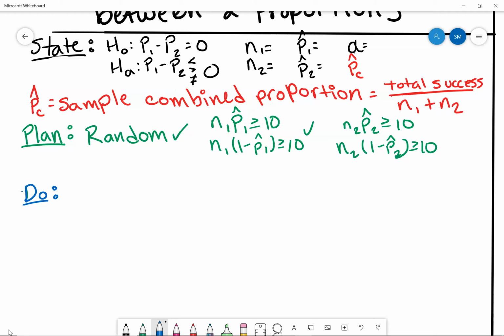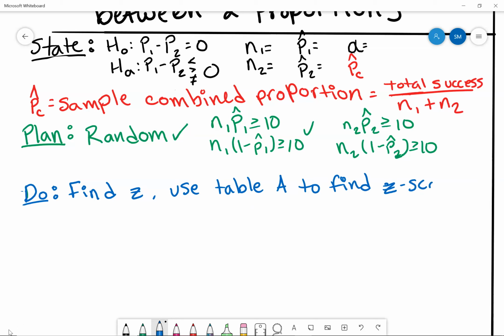The formula, or the do section, is to find z, use table A to find the z-score, and then determine the p-value.